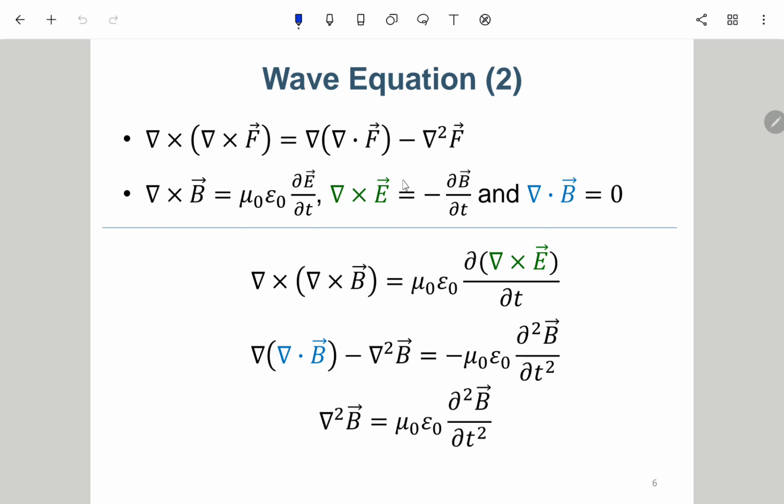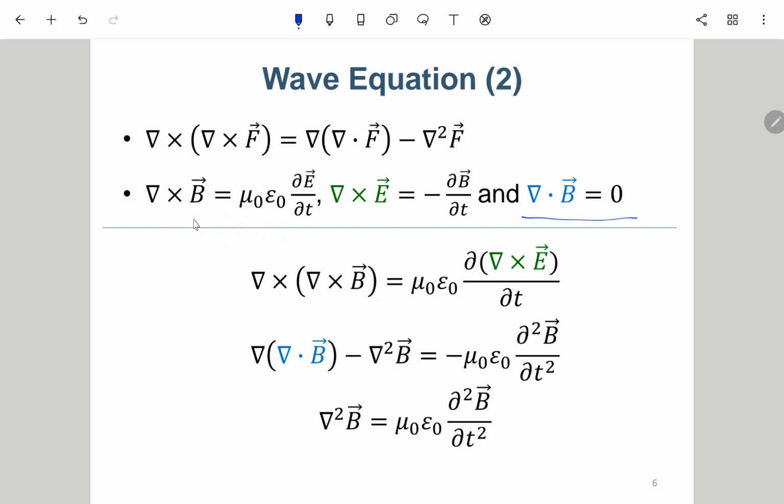We can repeat the procedure, but use it slightly differently. Here we apply the curl identity for the B field, making use of Faraday's law and Ampere's law, but here we also use Gauss's law for magnetism.